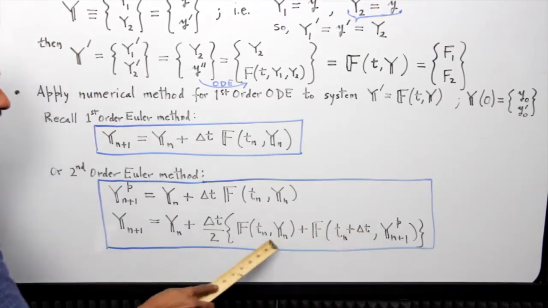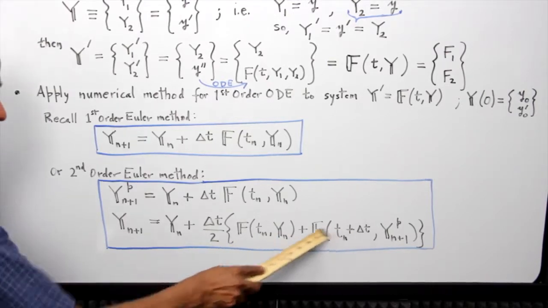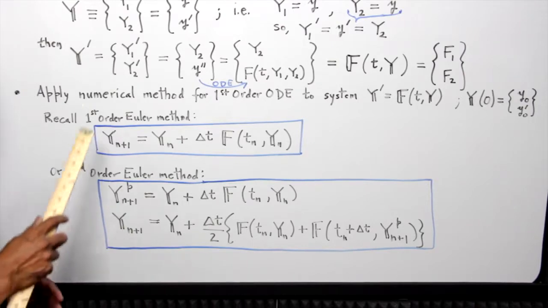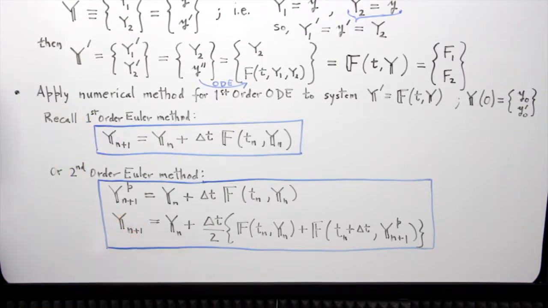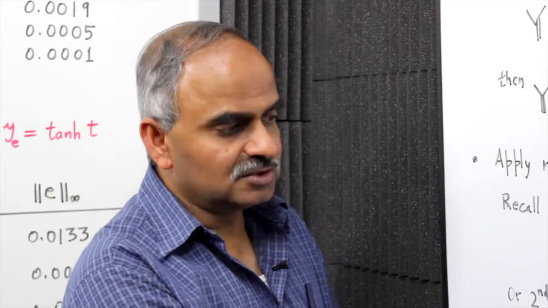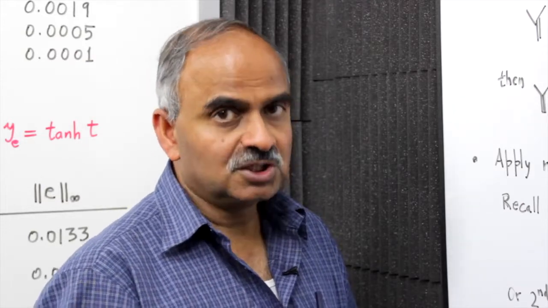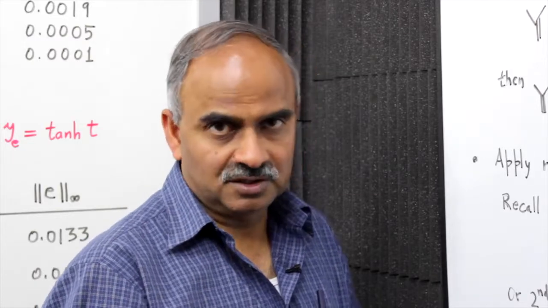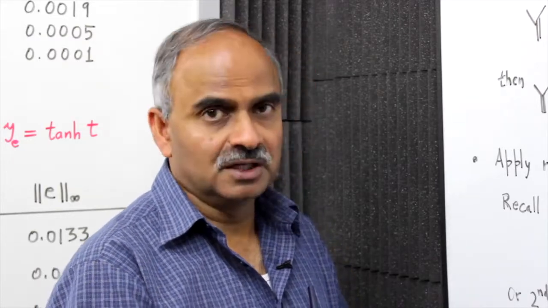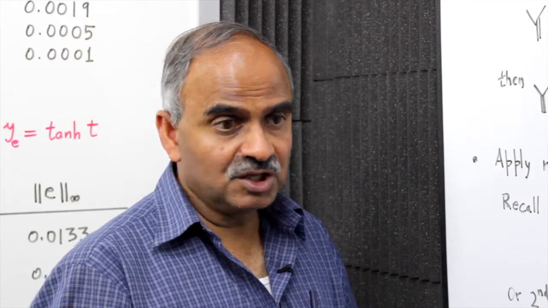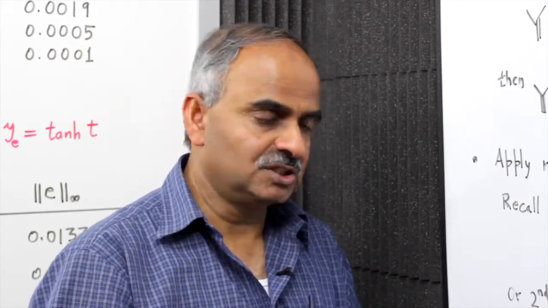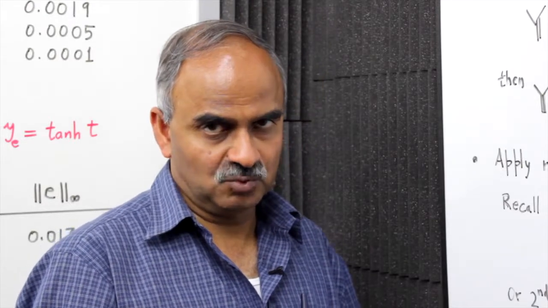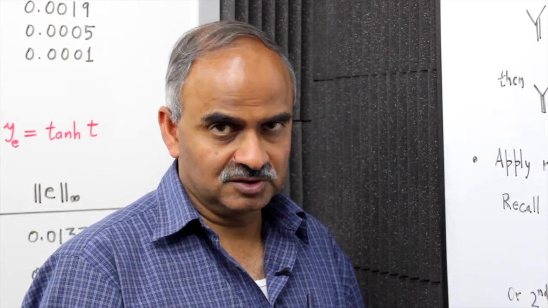So together with that, we can have 1/2 as the arithmetic average, and that then allows us to have a prediction for Yn plus 1. And since we know Y0, we can start this calculation from the initial condition and just take the steps and go to the final time that is of interest, and then look at how the method is behaving. Analysis of errors, convergence of the method, and so on can be analyzed in exactly the same way as we have described for the first order equations.